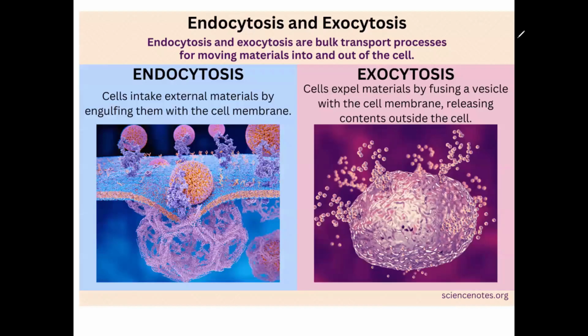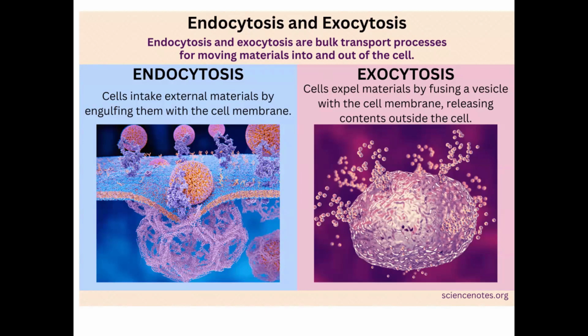Then we have what they call endocytosis and exocytosis. Exocytosis and endocytosis are bulk transport processes. Remember, we talked about active transport and passive transport. Endocytosis and exocytosis fall under bulk transport.